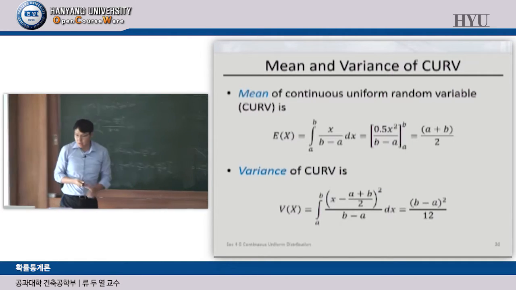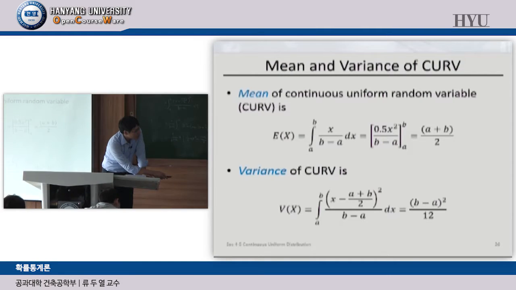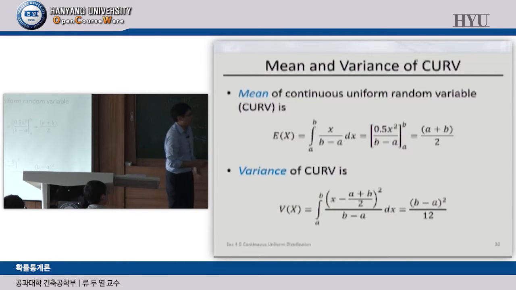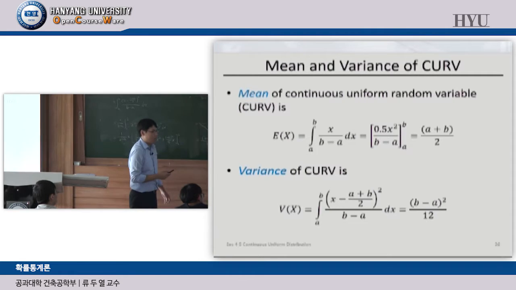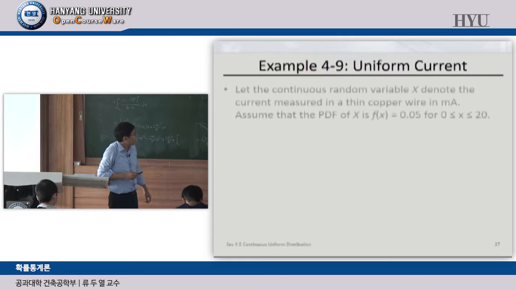So based on this derivation, we can have the variance of the continuous uniform random variable as (b minus a) squared over 12. So we can simply use this and these equations to solve the mean and variance of the continuous uniform random variable. And this is the example.